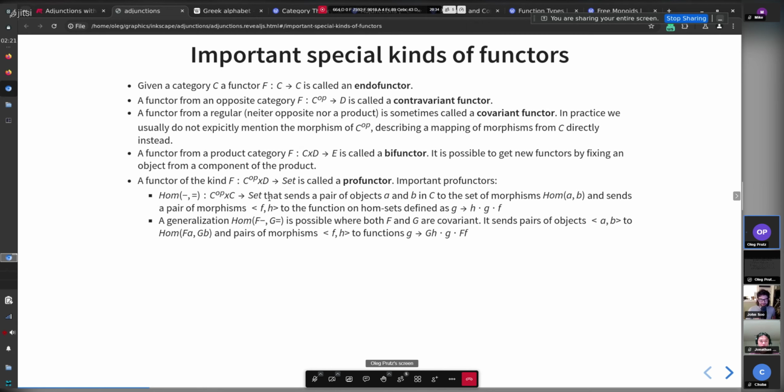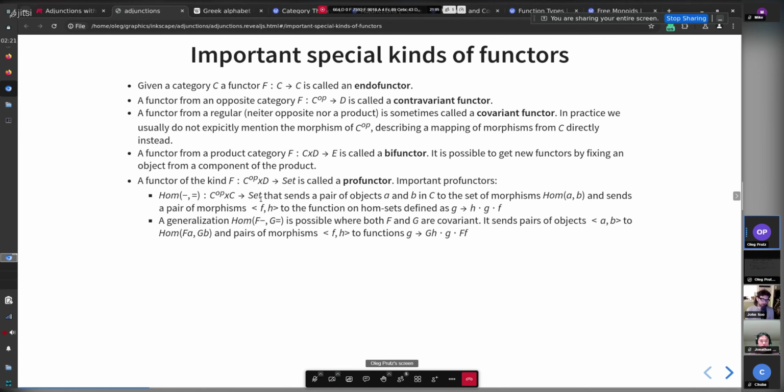So in Set, the objects are sets or data types, if in the context of programming, and morphisms are functions. So a morphism from this category needs to be sent to a morphism in this category, which is a function. This is how this function is defined.